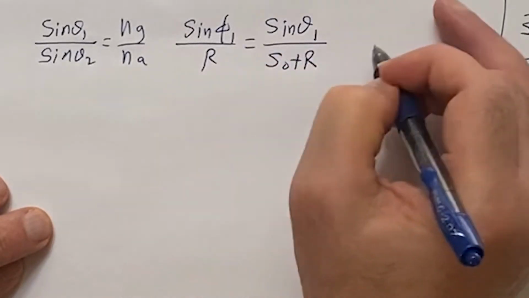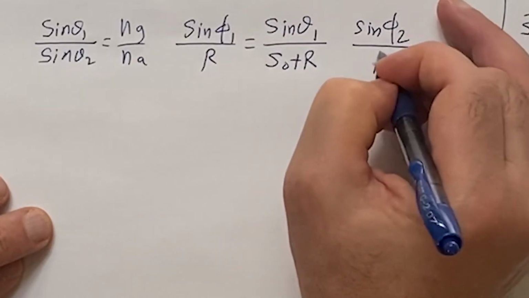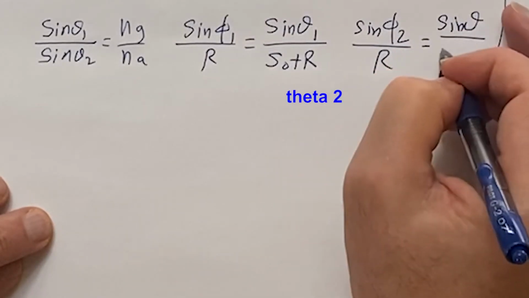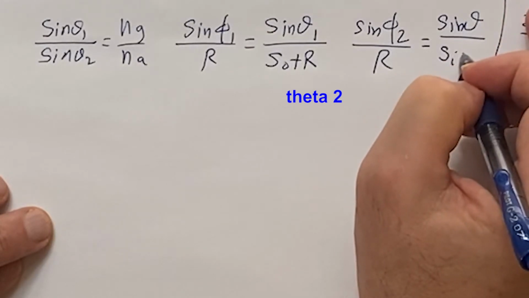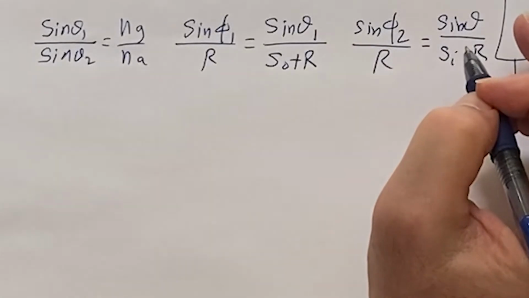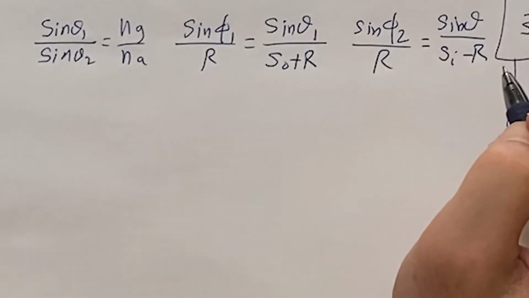We're just copying down what we had before. And the sine of phi 2 over r is the sine of theta 2 over SI minus r. So we have these formulas from the analysis, and now we're going to do some math.